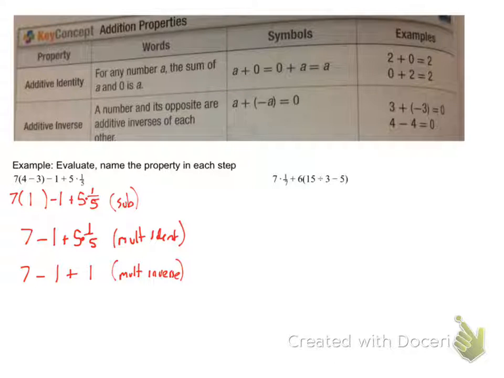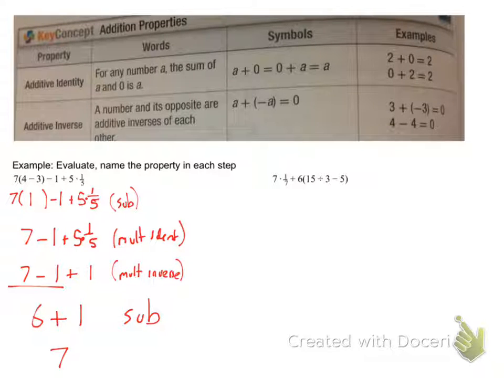And then, once you get this to the point where you're just adding and subtracting, 7 minus 1 is? There's no property for that necessarily other than the fact that I am exchanging 7 minus 1 for 6, so we call that substitution.